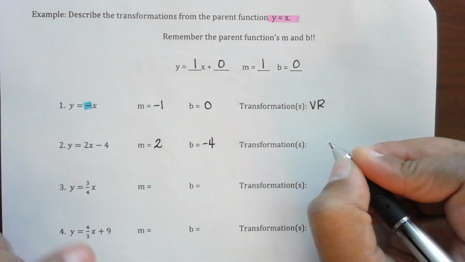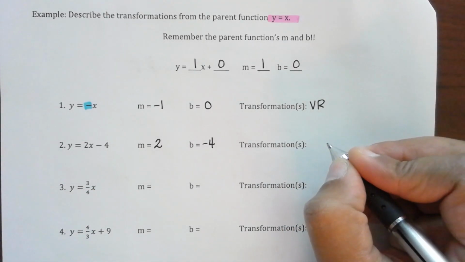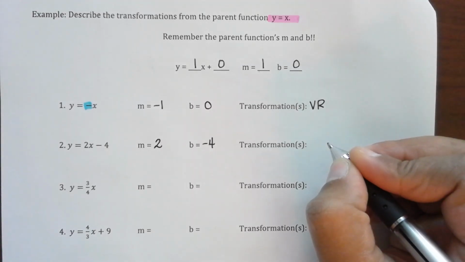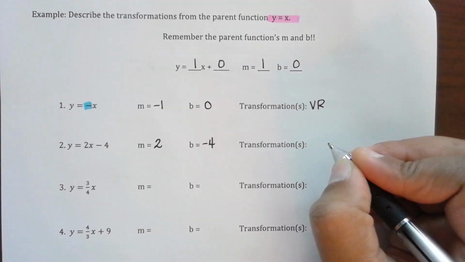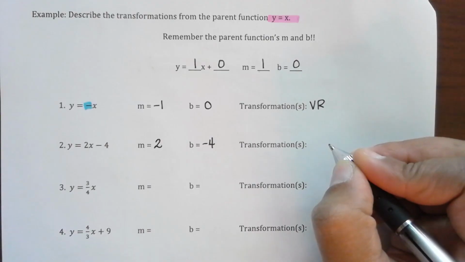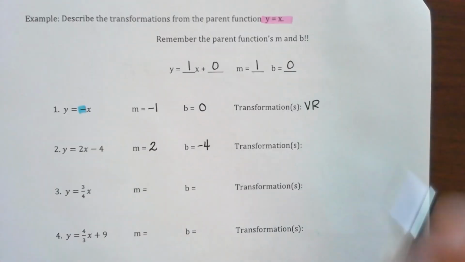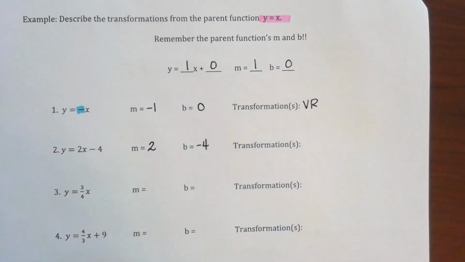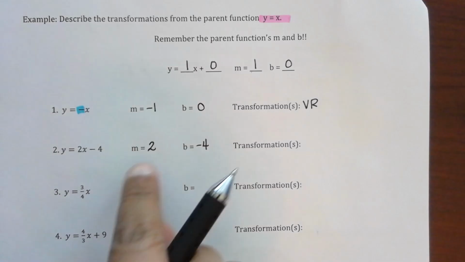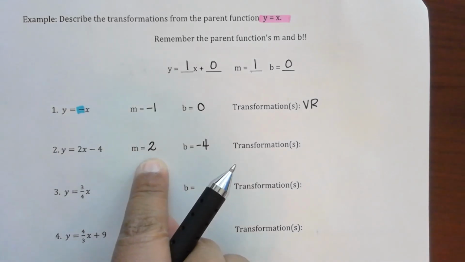A vertical shift, how? What do they list afterwards? Oh. How though? It's not the same way that you're saying it. Are we sure it's a vertical shift? Because what does vertical shift go with? M or B? B. What is 2? M.